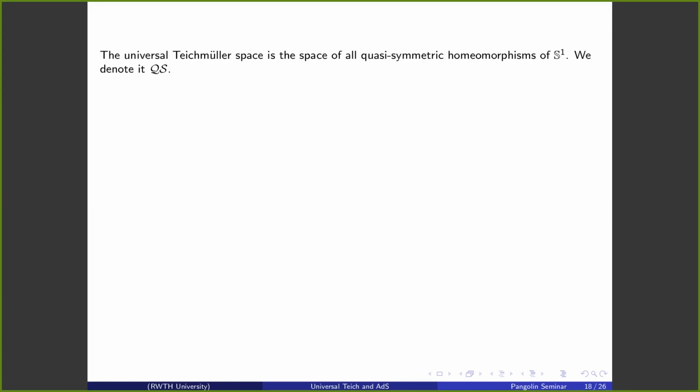And now comes the universal Teichmuller space. The bottom line is that we are now going to remove the algebra behind this construction. So we are going to consider exactly the same kind of objects that we saw in the quasi-Fuchsian construction, the quasi-circles and the pleating laminations, but we are going to forget that they come from a representation of a surface group.